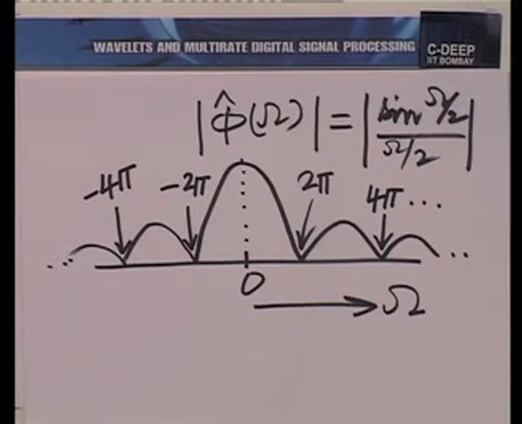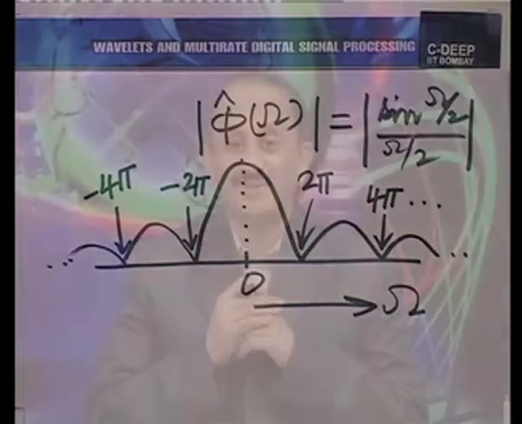So, this is interesting. We begin from the low pass filter, we construct a dilation equation, a recursive dilation equation starting with a low pass filter, and we get a low pass function. Phi t is essentially a low pass function. A low pass function means it is predominant in the frequency domain around capital omega equal to 0.